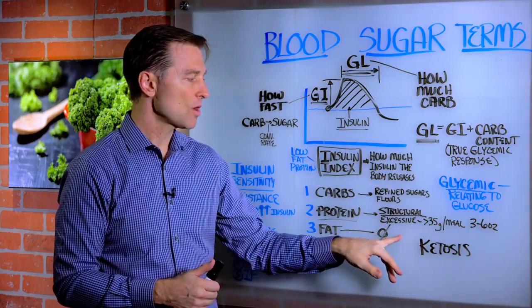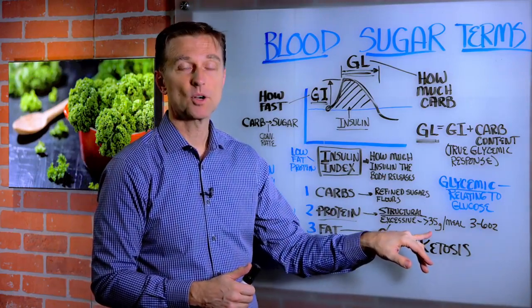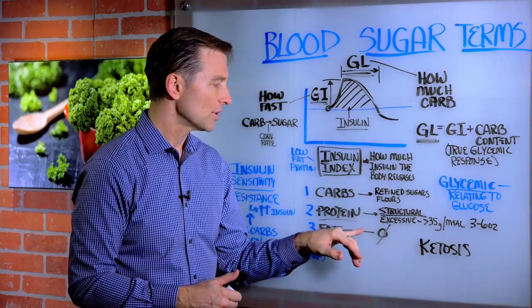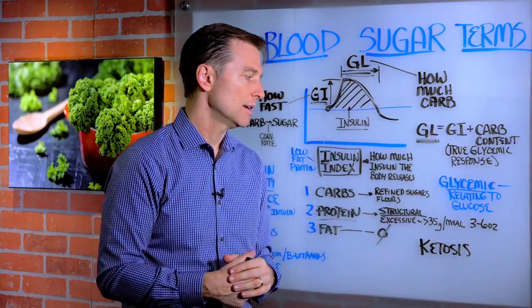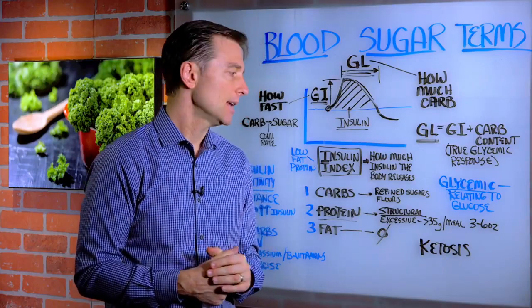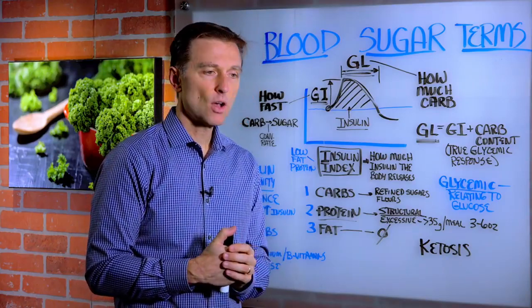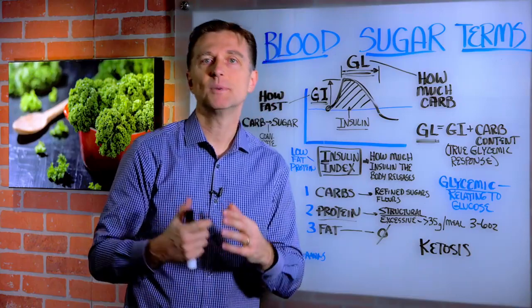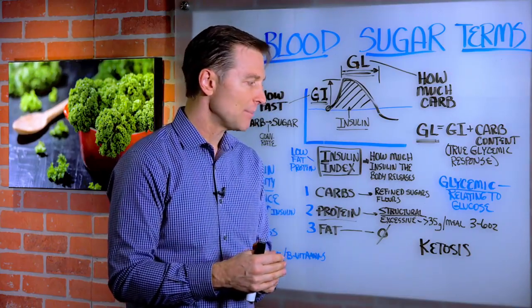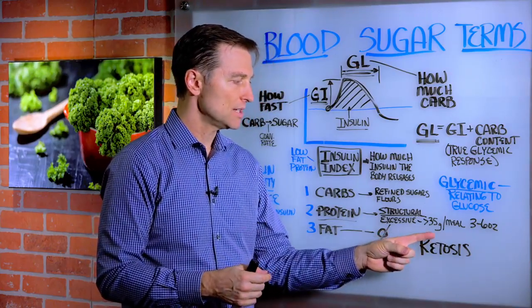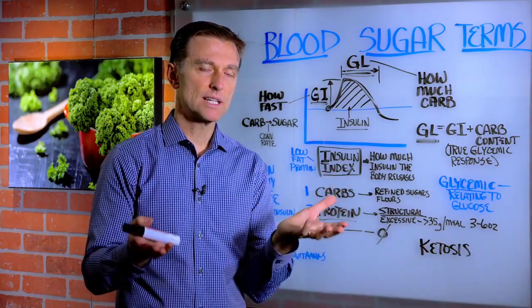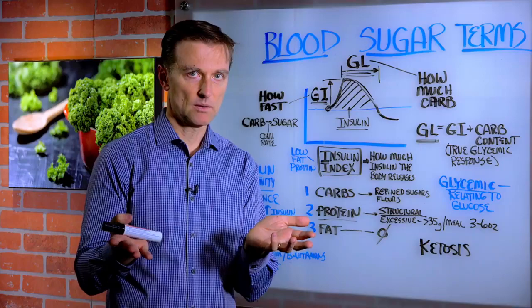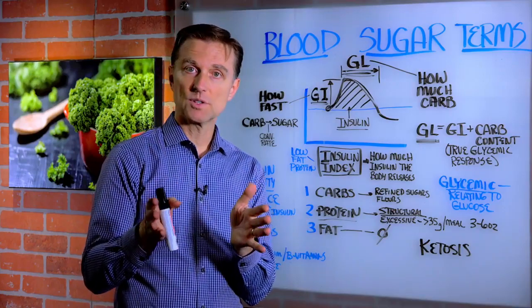Well, anything more than 35 grams per meal of protein can be converted into sugar, or glucose. Now this all depends too on your age and your metabolism and all that, but generally speaking, this is a rough number. So this is relating to about 3 to 6 ounces of protein per meal. That's what I'm going to recommend for you, just to be safe.